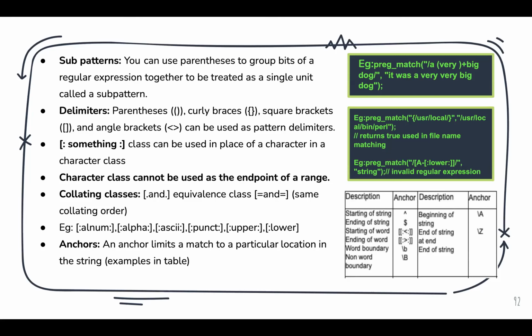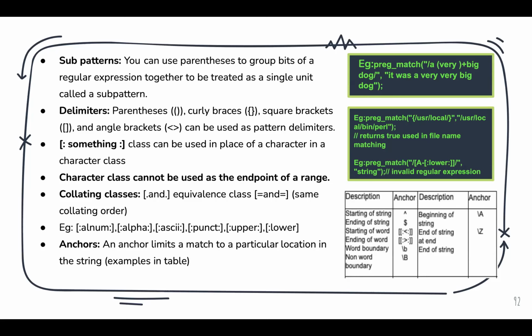Other patterns that can be used are subpatterns. You can use parentheses to group bits of regular expressions together to be treated as a single unit called a subpattern. For example, if you want to match the string "it was a very, very big dog", then you put "very" in parentheses and put plus on the outside of the parentheses.